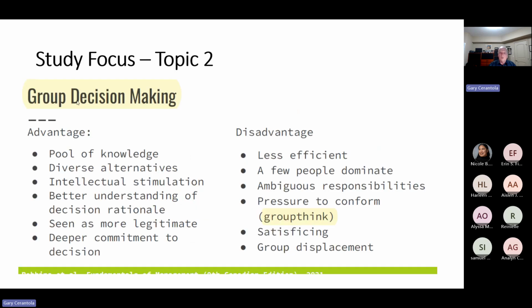And so here on group decision making, well, pool of knowledge, it's seen as more legitimate, deeper commitment to the decision. But you can run into it's less efficient. You might have a lesser impact to engage everybody to agree with it.